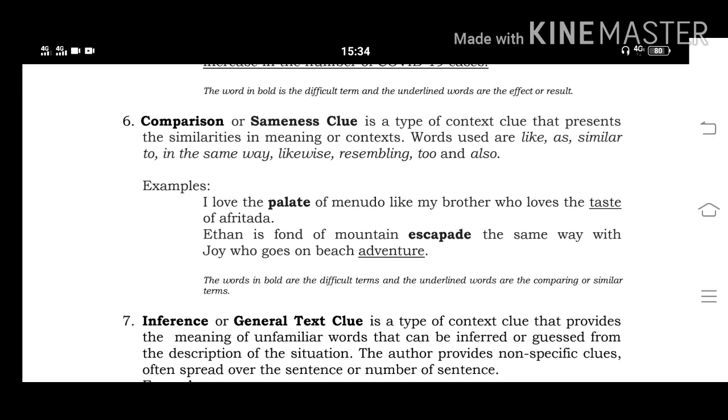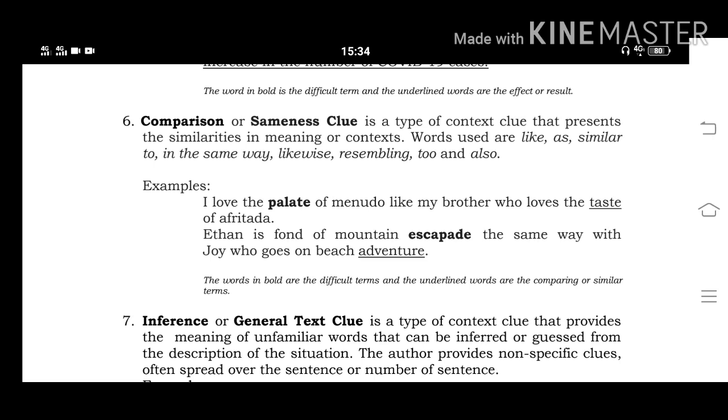I love the palate of menudo, like my brother who loves the taste of afritada. Paano mo nalaman na comparison ito? Dahil sa salitang like. Ethan is fond of mountain escapade, the same way with Joy who goes on beach adventure.